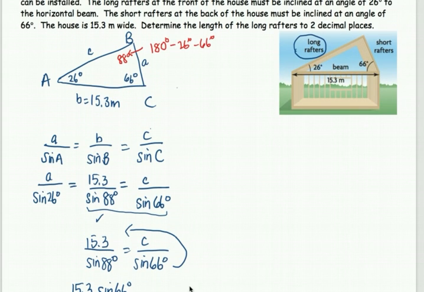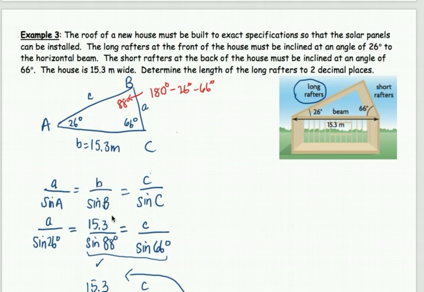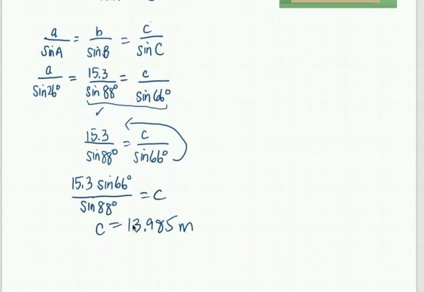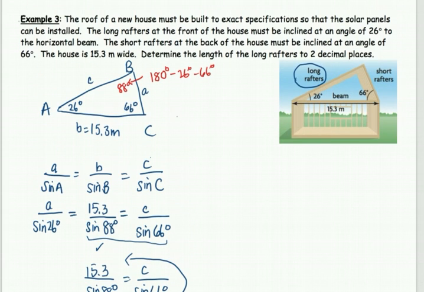We're finding the length in meters. Does it say to round to 2 decimal places? Okay, so we want 2 decimal places, so we want to keep this spot here. We look at this one and go, yep, we have to round that up. So 13.99 meters.